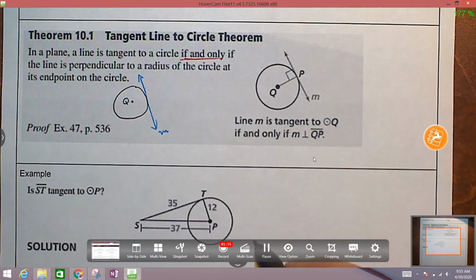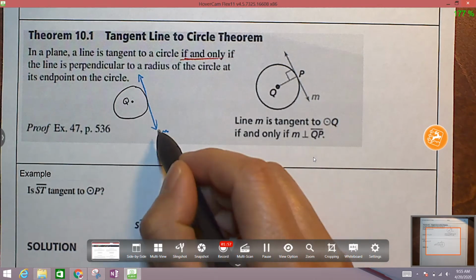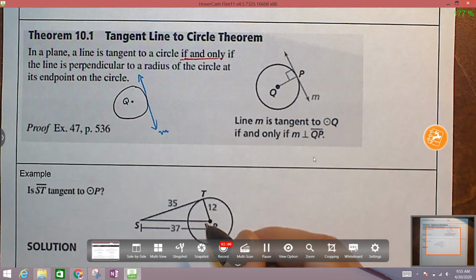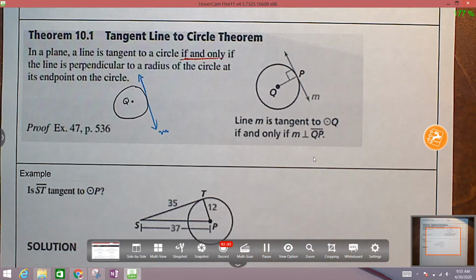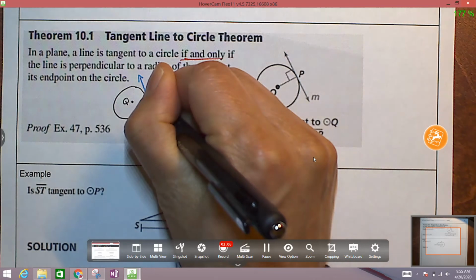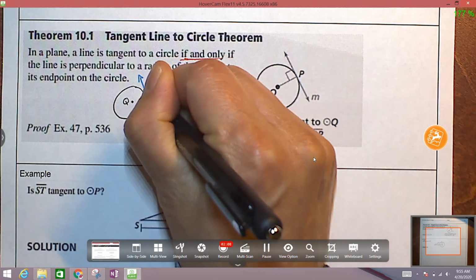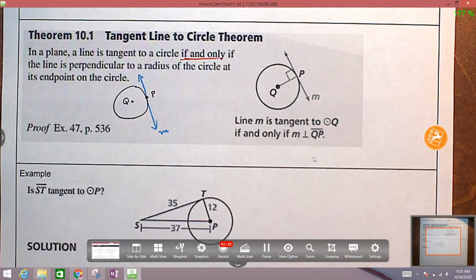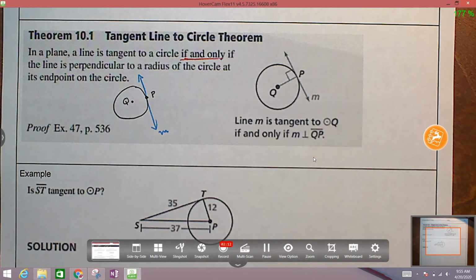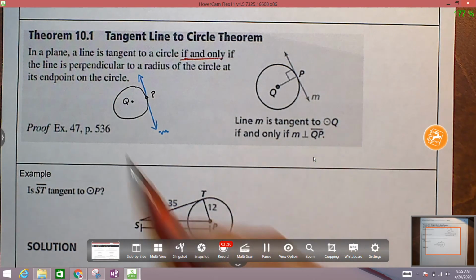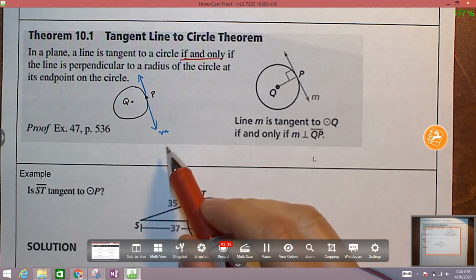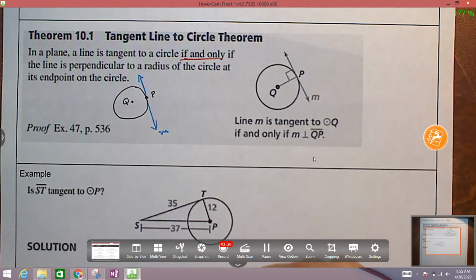So we're given that the line is tangent to the circle. Let's go ahead and draw the point where it's tangent, or the point of tangency, and we'll call that point P. So given that the blue line is tangent to the black circle, line M is tangent to circle Q, what can we conclude?